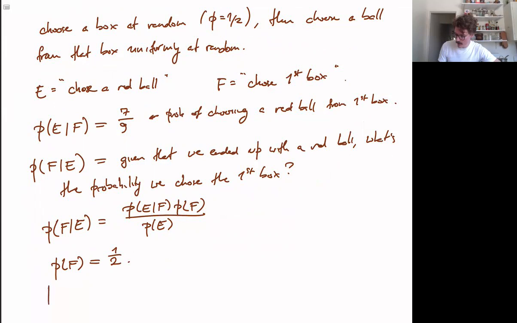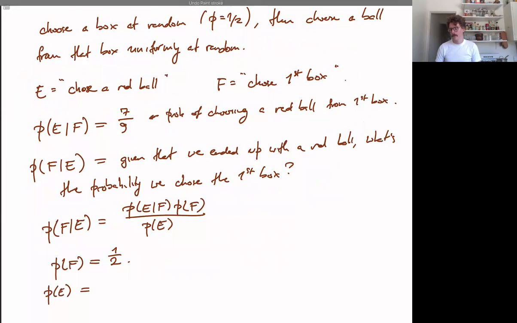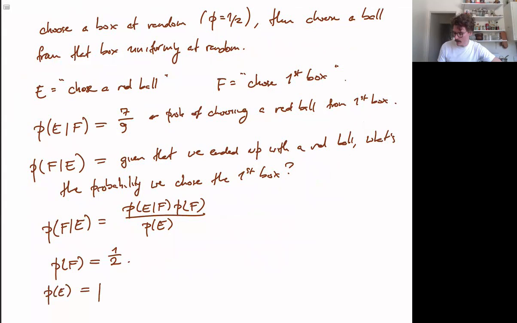Now, what is P of E? The probability that we chose a red ball. This is slightly more complicated, but like we said earlier, we can compute it as the probability of E given F times probability of F plus probability of E given F complement, probability of F complement. So in this case, it's essentially saying how many ways can we choose a red ball? Well, we can choose a red ball from the first box. What's the probability of that? Well, the probability that we choose the first box is 1/2.